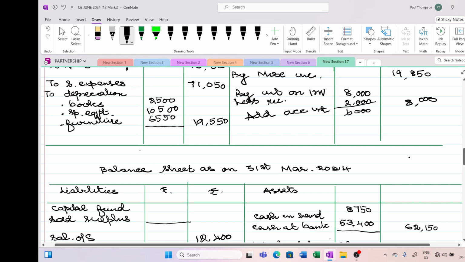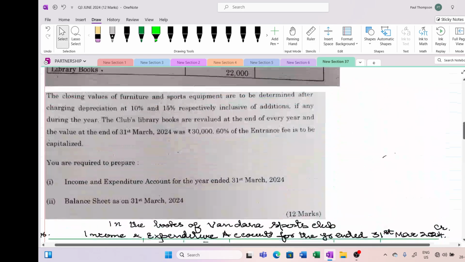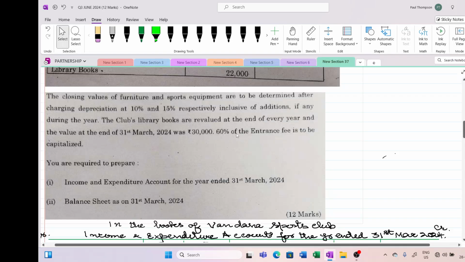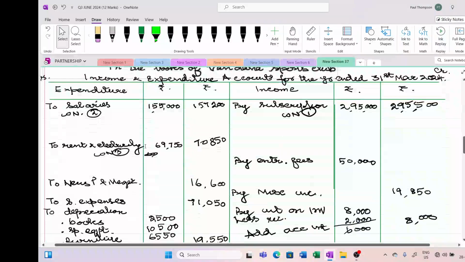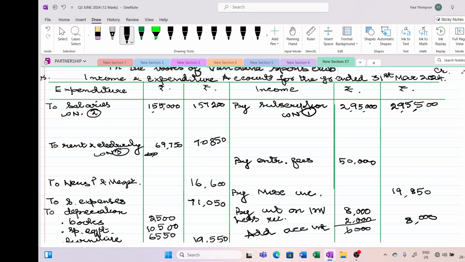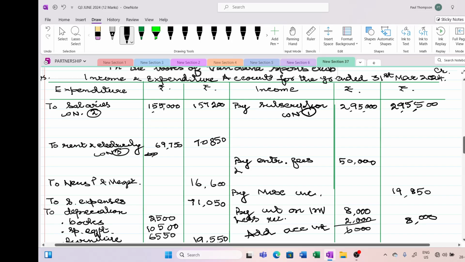So one more information is that they say that 60% of the entrance fees is to be capitalized. So less 60 percent is to be capitalized. So 30,000 is to be capitalized. So what is the amount will be shown in income and expenditure account?